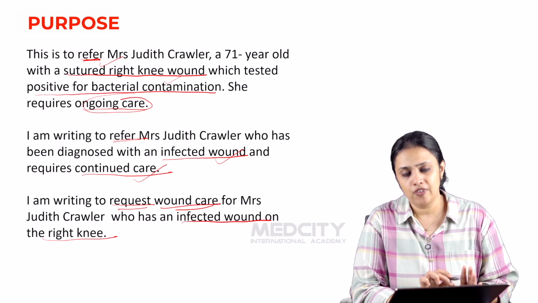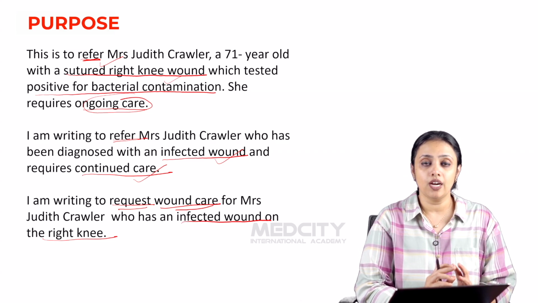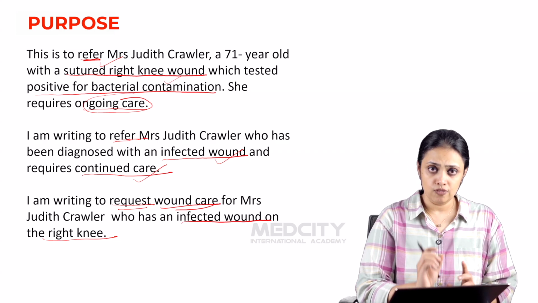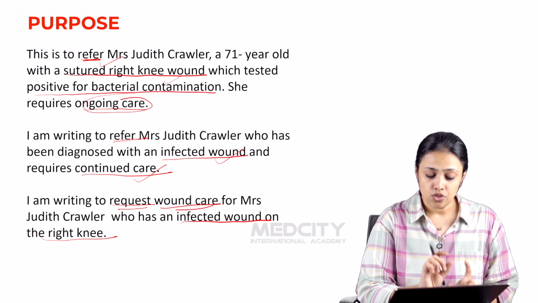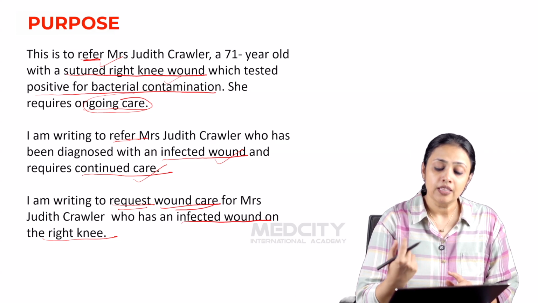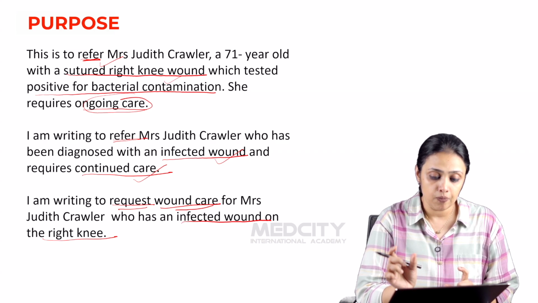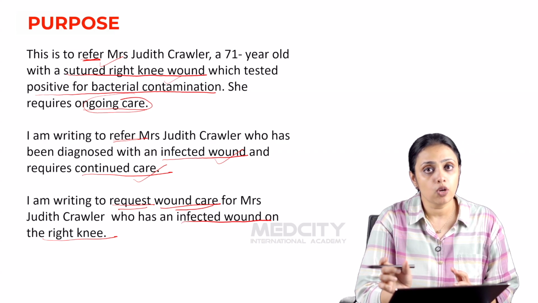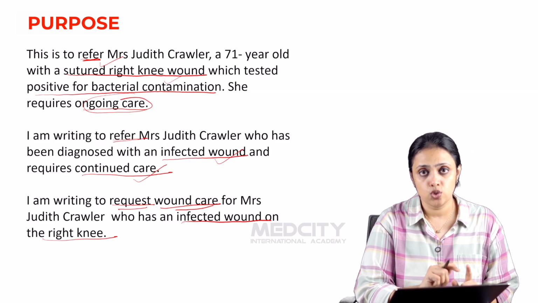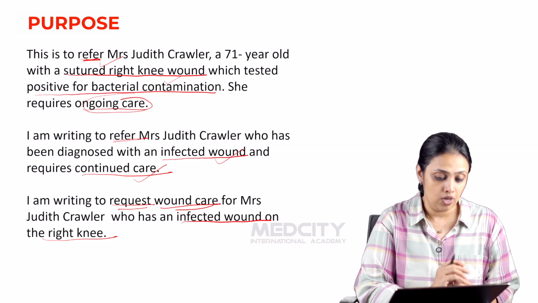All the variations are fine, but one thing you have to ensure, if you are confused regarding what should come as diagnosis in the purpose paragraph, is not to just focus on the word diagnosis. Try to identify the current problem of the patient for which they have been asked for a requirement in the writing task. In the writing task, obviously they'll mention the requirement of the patient from the reader. So you have to scan the case note to find out what problem of the patient has prompted this requirement.